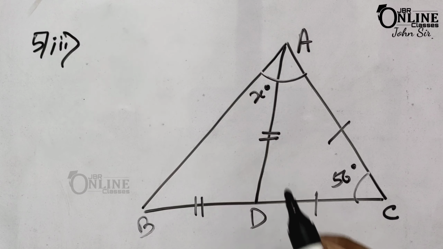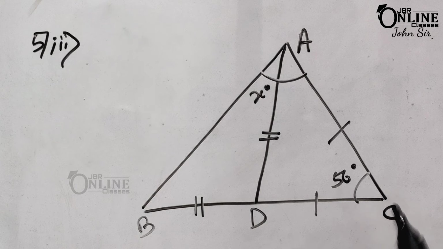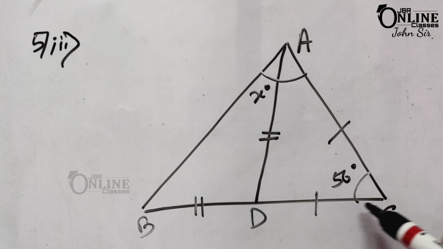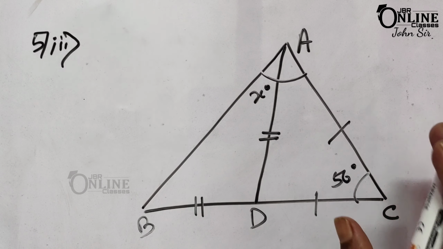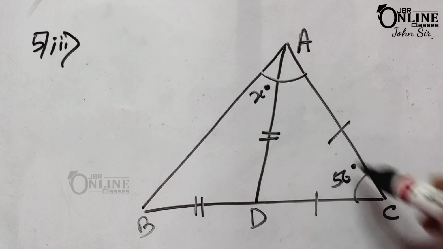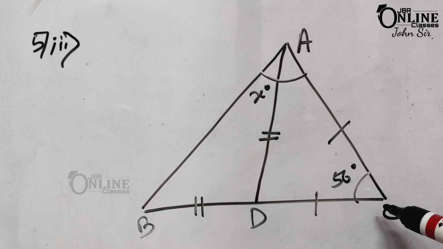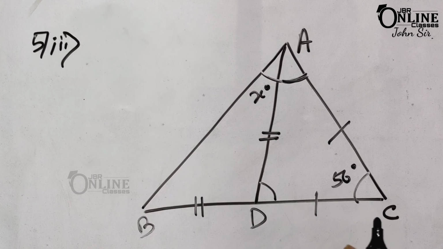Now sum number 5.3. So in sum number 5.3, here ABC is a triangle, and then ADC another triangle, and ADB another triangle. Both are isosceles triangles, because in ADC here AC equals DC. Okay, so these two angles, this one and this one, will be equal.